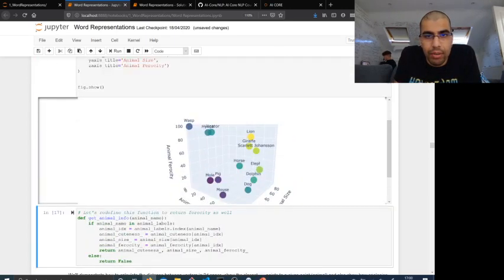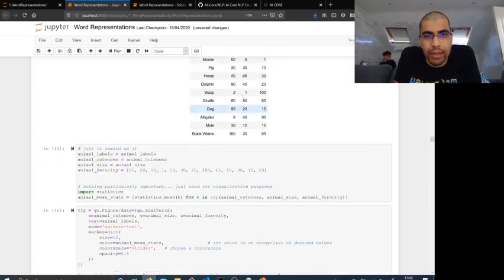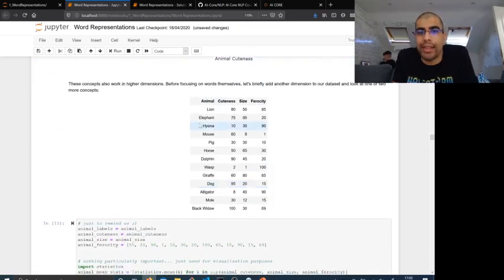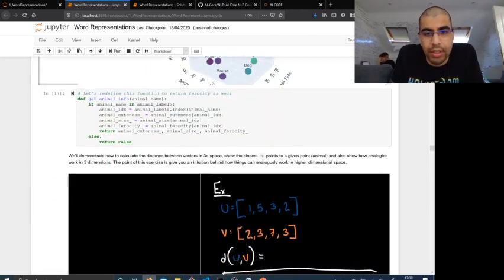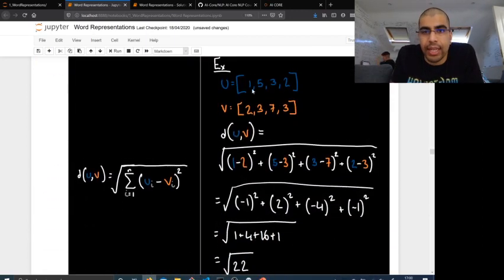If we wanted to work out the distance between lion and elephant, for example, our vectors would be 80, 50, 85, and 75, 95, and 20. Then we take each of the individual elements, which is the i here. So this is a loop for every element in our n dimensions.